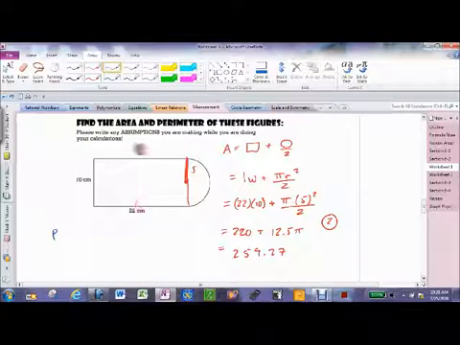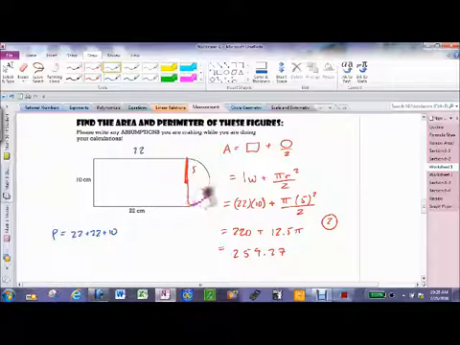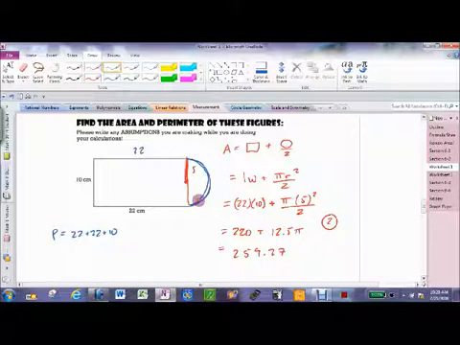Perimeter is different. If this is 22, what's this? 22. So it's 22 plus 22 plus 10. What's that? It's their circumference, isn't it? Is it a whole circumference? No, it's half a circumference. And circumference is pi d, isn't it?